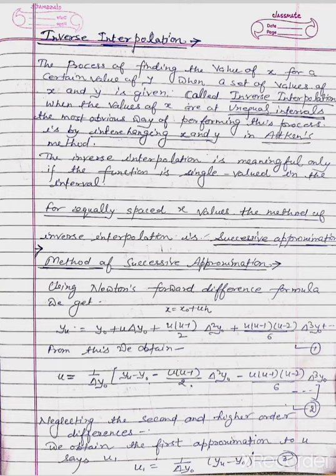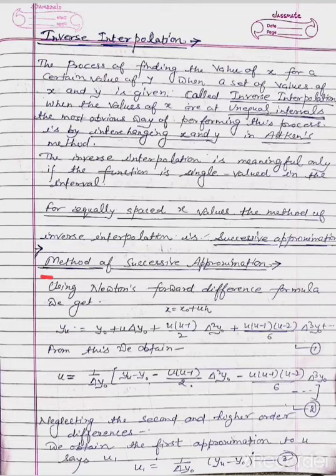For equally spaced x values, we adopt another method for inverse interpolation, which is called successive approximation. So this is new for us. Now let us discuss this method of successive approximation for inverse interpolation, which is for equally spaced x values.